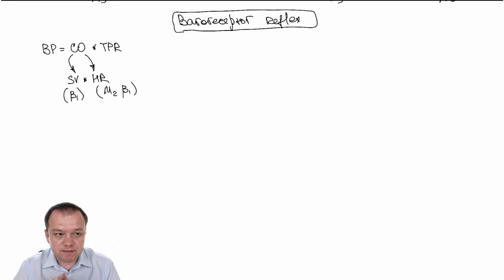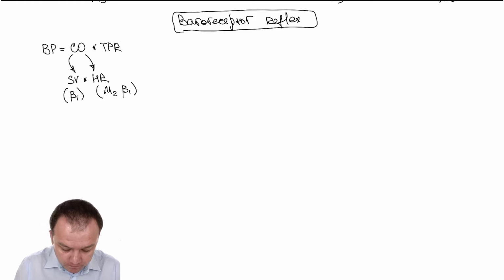What is the baroreceptor reflex? It is the major mechanism that regulates or maintains constant blood pressure and blood flow for every organ. When we change posture, baroreceptor reflex immediately maintains blood pressure, returns it to normal values.